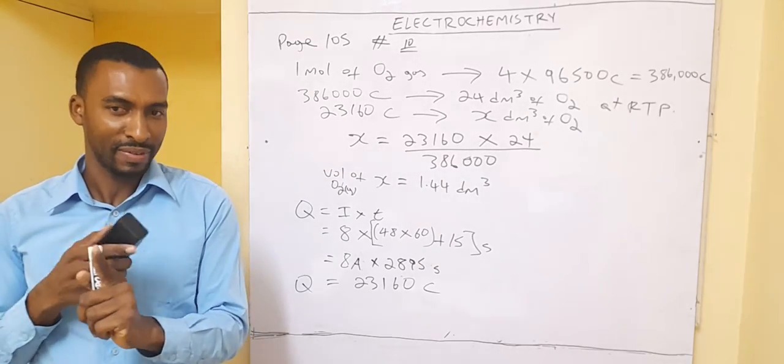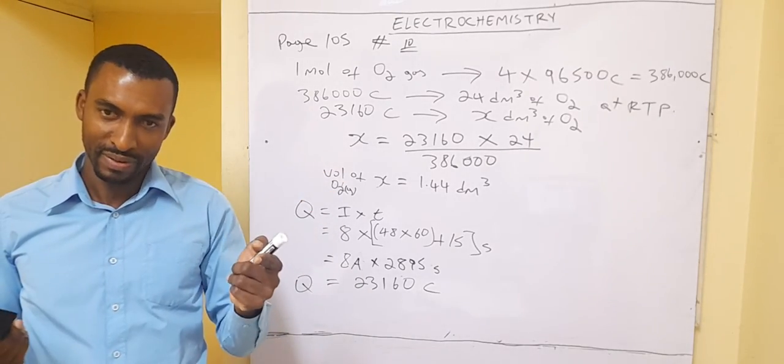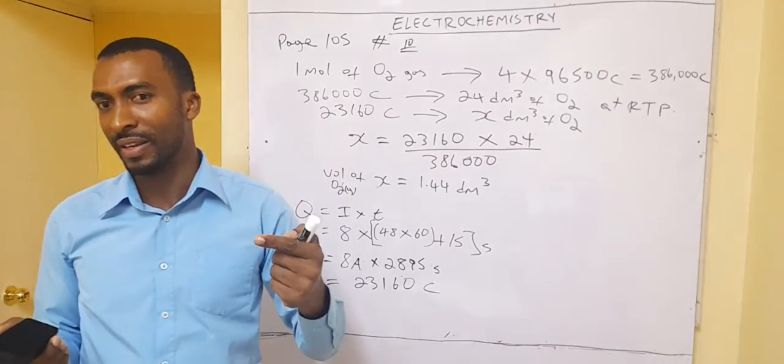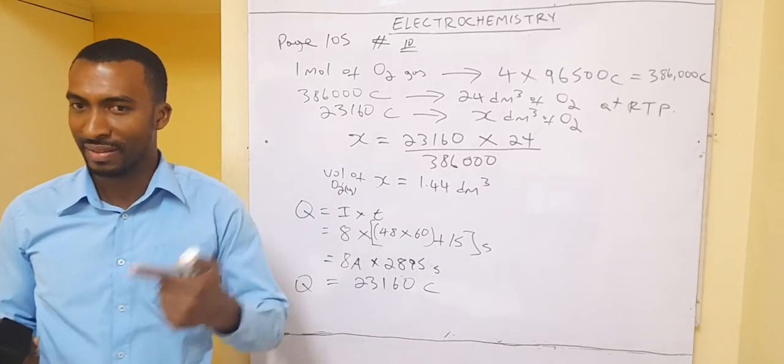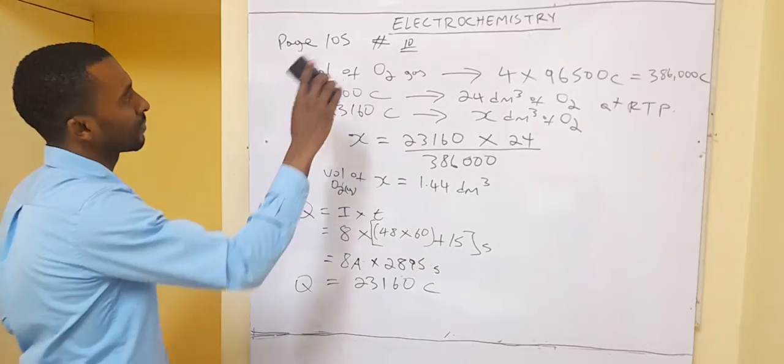So you have to actually balance the equation to know the amount of moles of the ion that will be discharged based on the number of moles of electrons, because it's coming from the balanced equation.